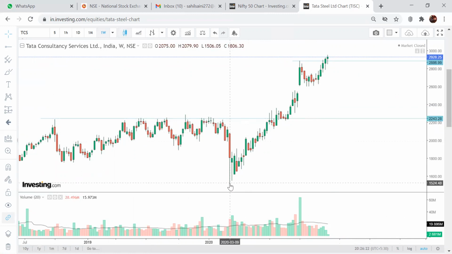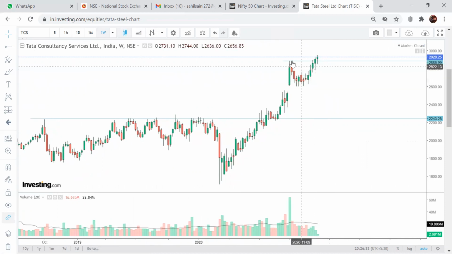I think this range is already done here, or maybe a very little bit of range is left. This is a new continuation pattern, and this round shape is really showing that it took very good support here, and now it's a continuation of the bull pattern.